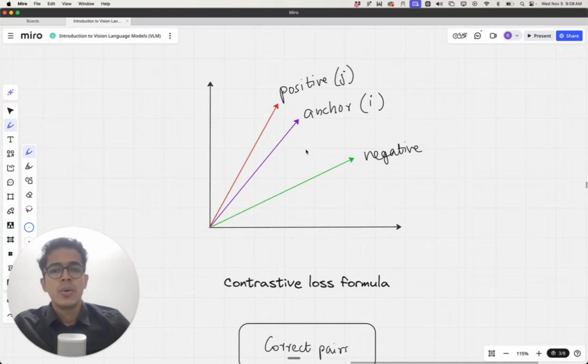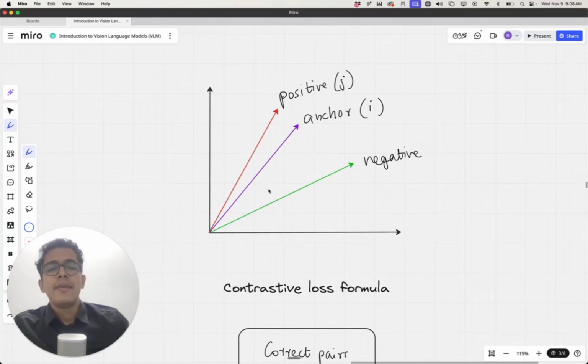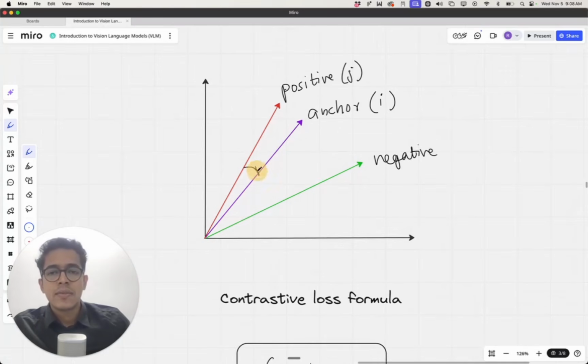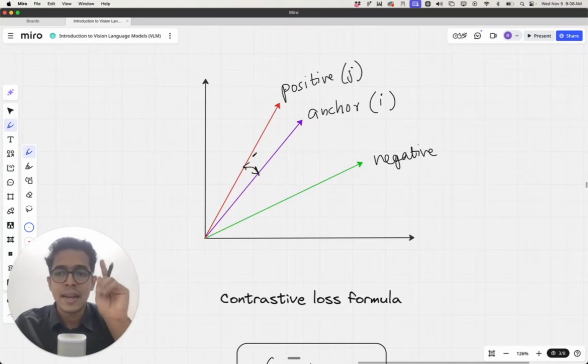Now, what you want to do is construct a loss function where, if this cosine similarity is not so good, then you should penalize the loss function. Basically, the loss should be high, right? Because ideally, a positive pair with respect to the anchor should have very high cosine similarity.